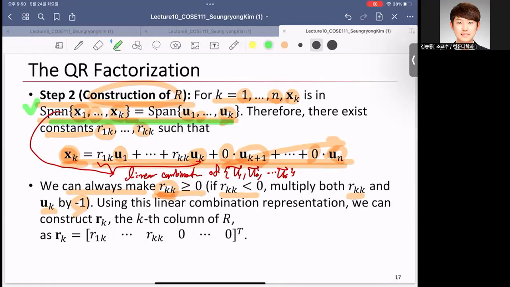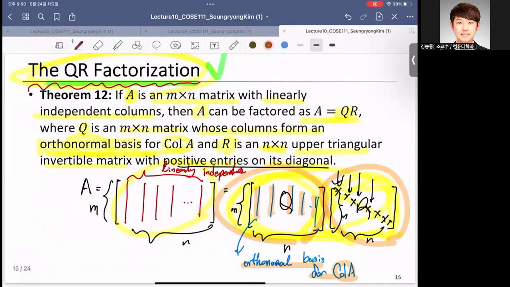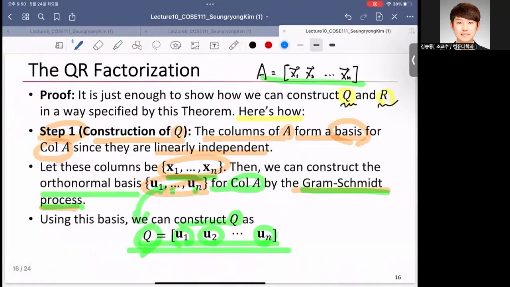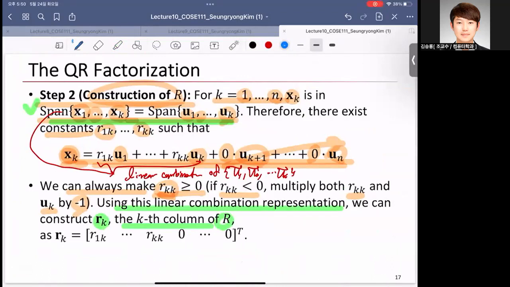Then using this linear combination representation, we can construct r_k, the k-th column of R, an arbitrary column vector r_k, which is defined as r_k equals r_1k, up to r_kk, and 0, 0, 0.